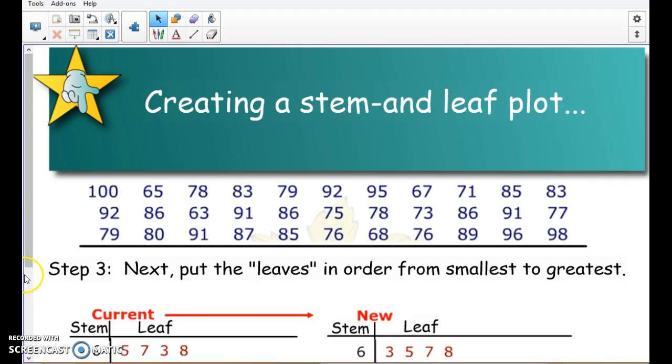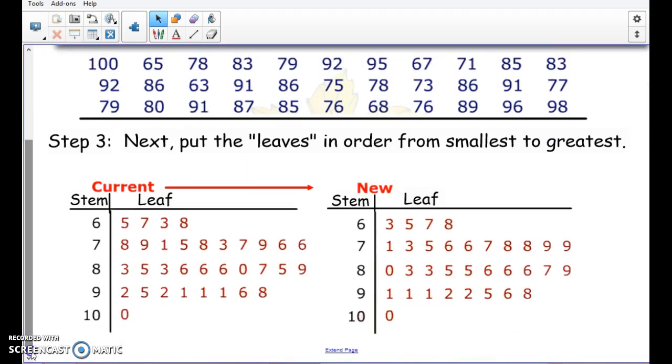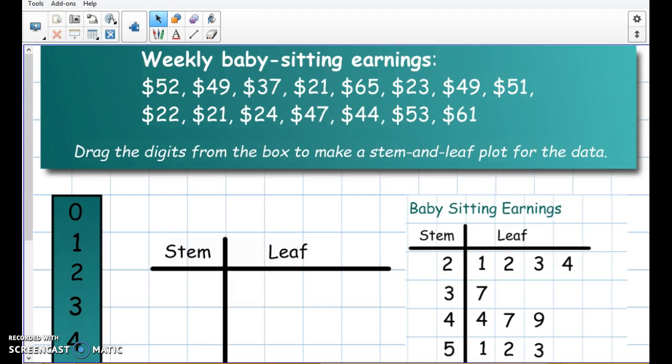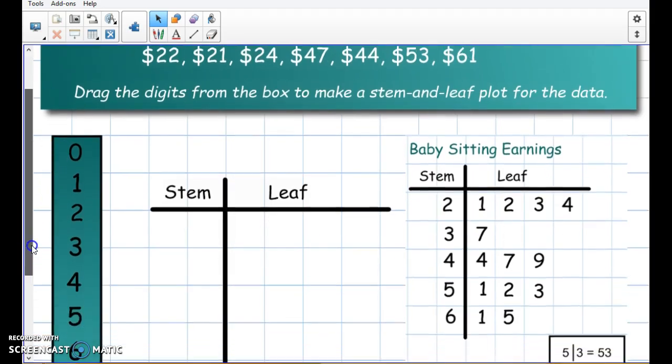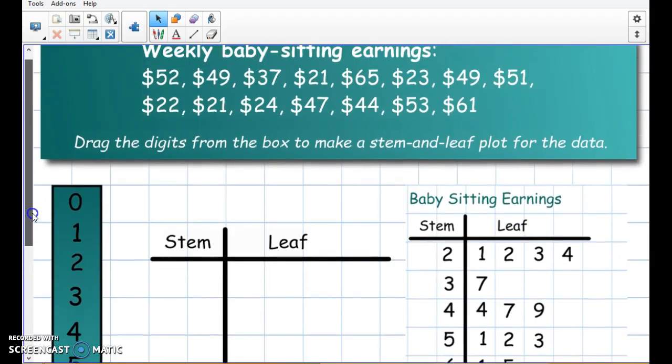Here's the transition: here is just making it, and now this is it in order. This is what the final product should look like. So this means 63, 65, 67, 68, 71, 73, 75, and so on.